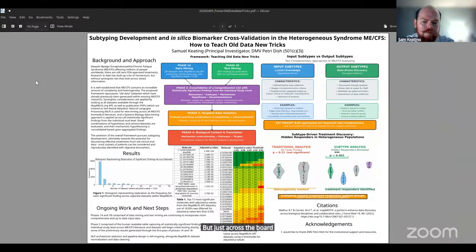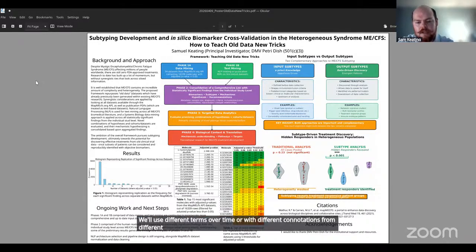A lot of biomedical researchers don't know more than the oversimplified nature of, I guess, one term that gets used is concept drift. A lot of concepts will use different terms over time or with different connotations from different people or communities.